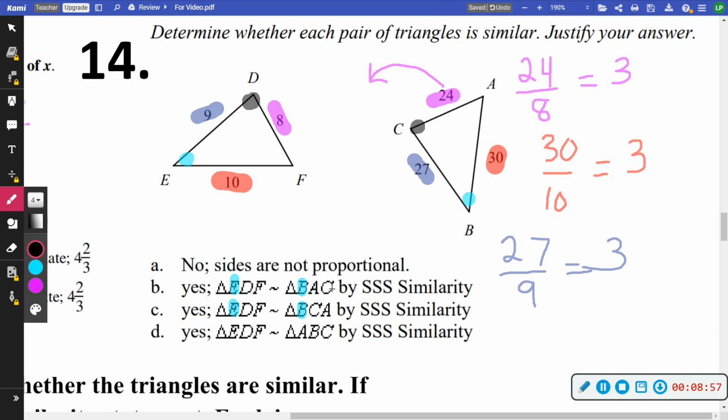I got D to A, that's not true. It'd be D to C. So the answer is A. I'm sorry, the answer is C.